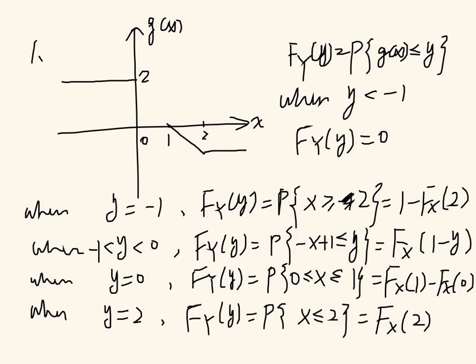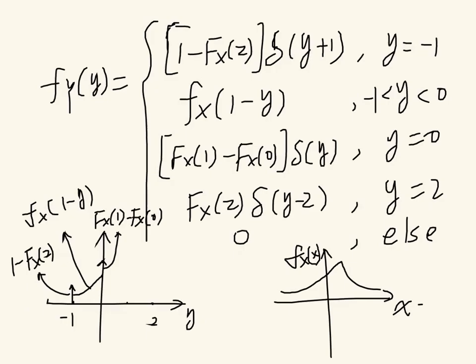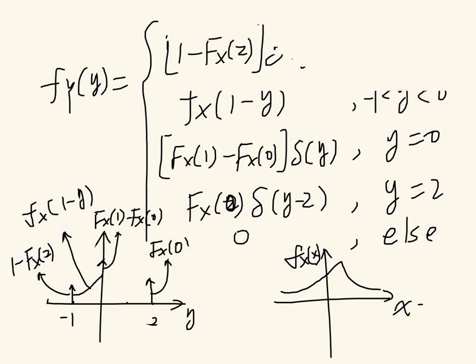This should be x less than or equal to 0, this should be 0. So this should be an impulse where the area is F_X(0).